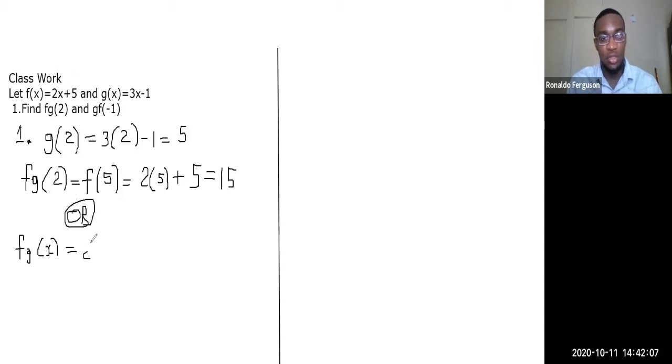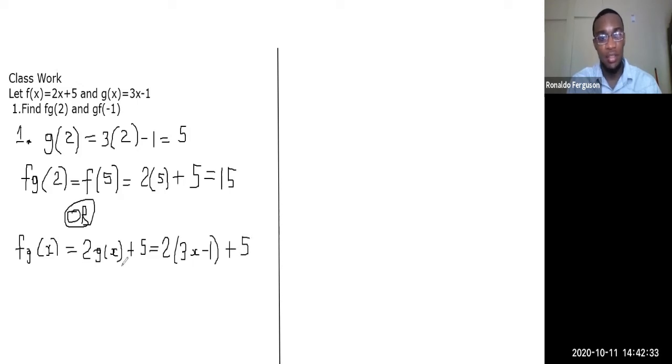And so it's going to become 2 times g of x plus 5. That's fg of x. We replace x with g of x. Now g of x is 3x minus 1. So it becomes 2 times 3x minus 1, plus 5.